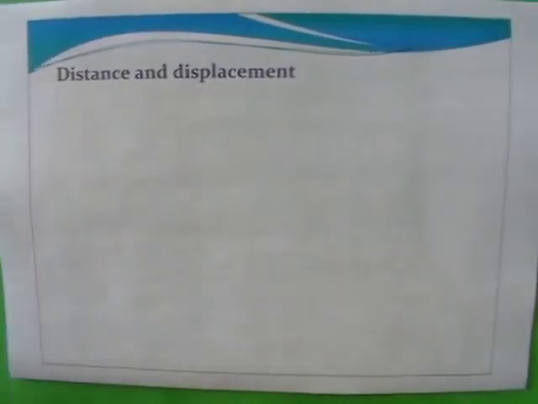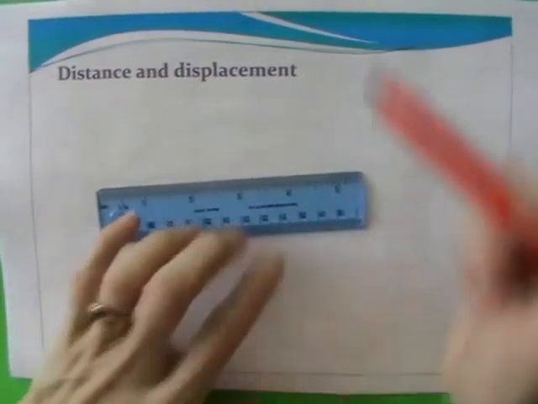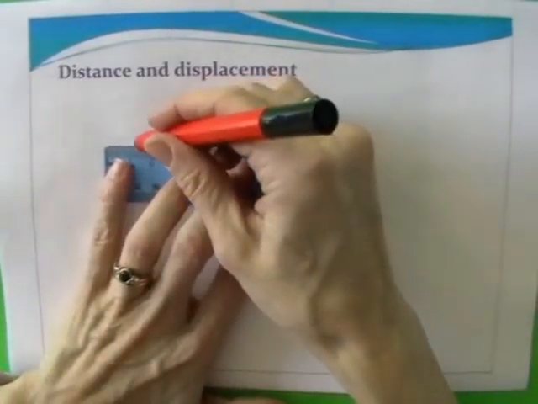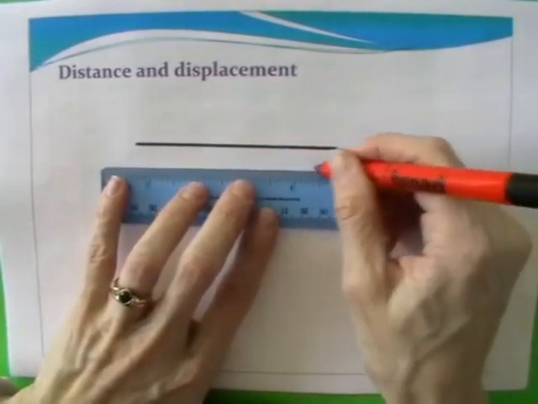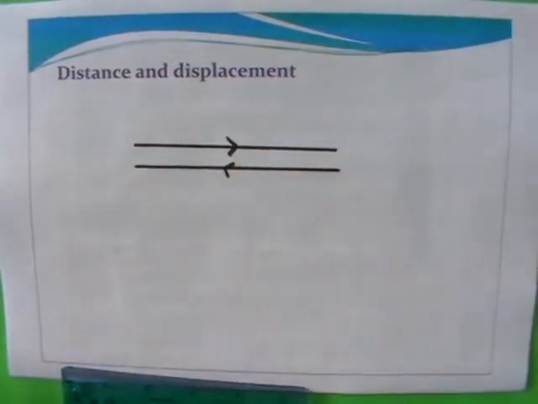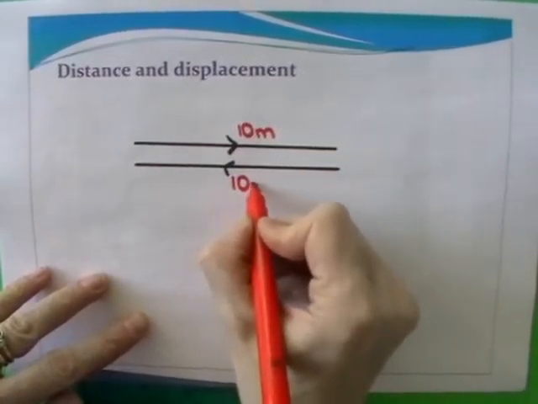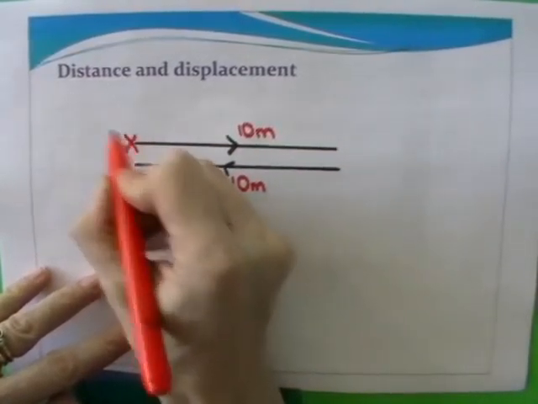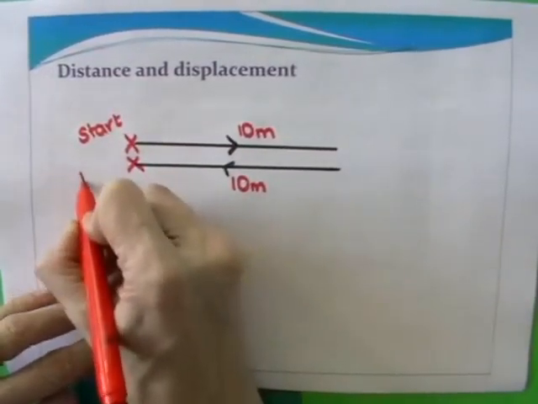Now the difference between distance and displacement, and there's an obvious difference, I suppose, in that if you have someone travelling to the right and they turn then and they travel back to the left again. So they go 10 metres to the right and 10 metres to the left. And there's their start position and finish position.